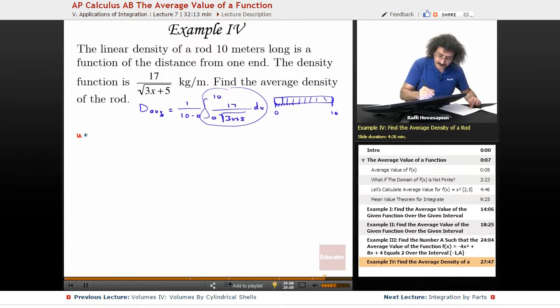Let's do u is equal to 3x plus 5 to the 1/2 power.